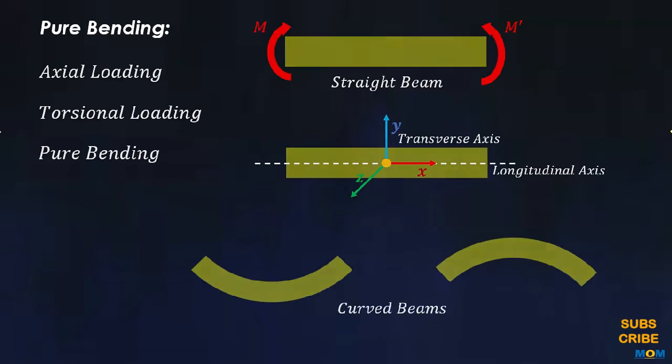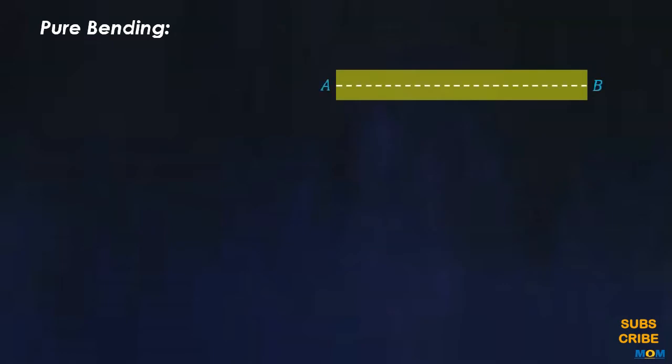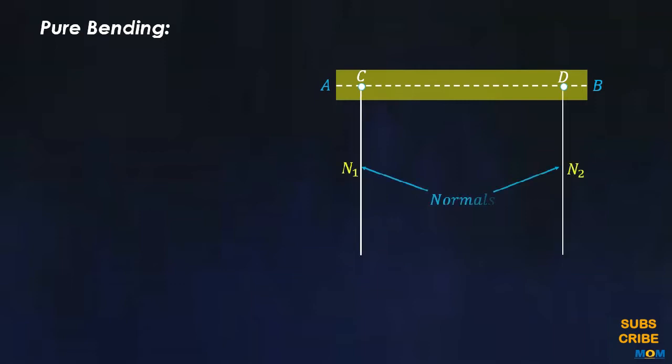To consider that, take a beam AB, mark points C and D on the axis of the beam, and draw tangents from the points C and D. The tangents will be collinear with the axis of the beam. Now draw normals from the points C and D. The normals will be parallel, whereas parallel lines intersect at infinity.